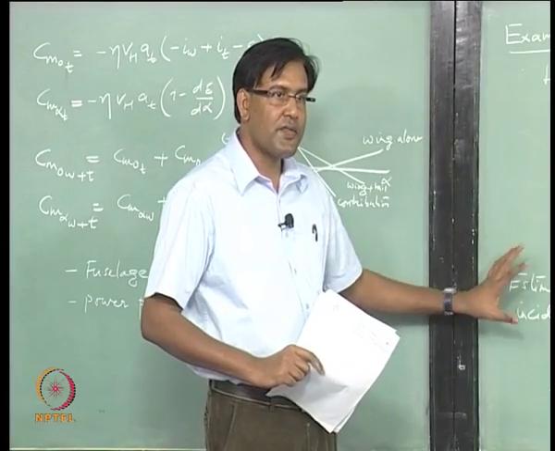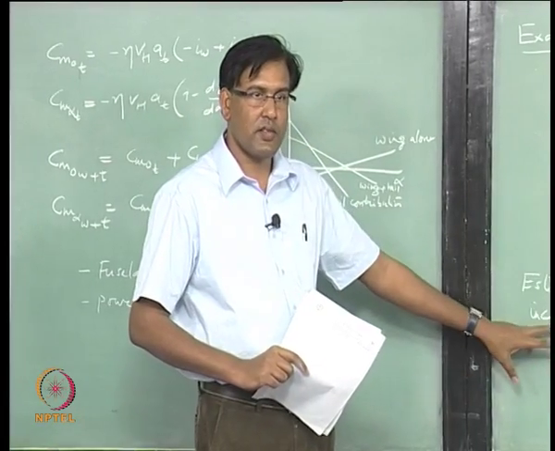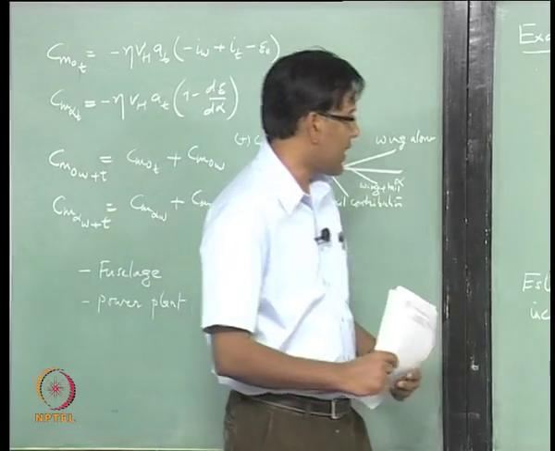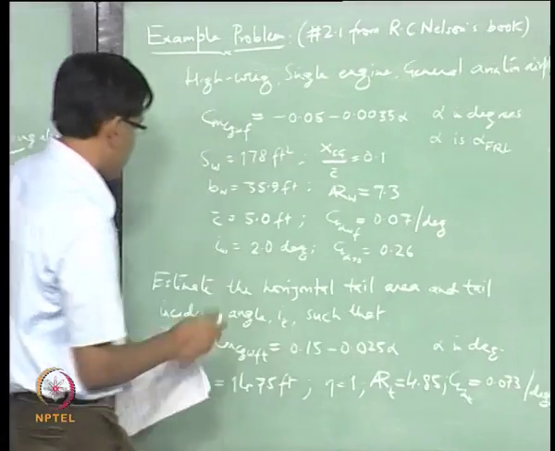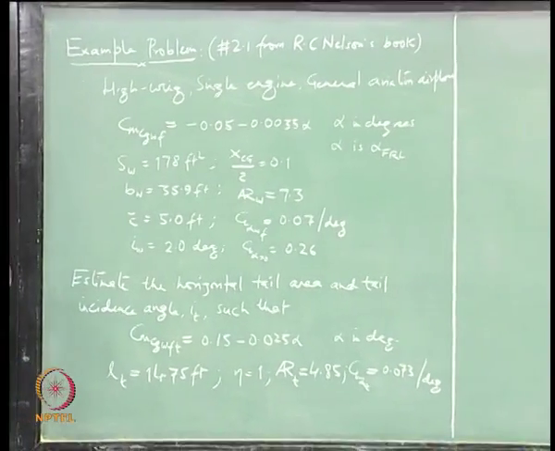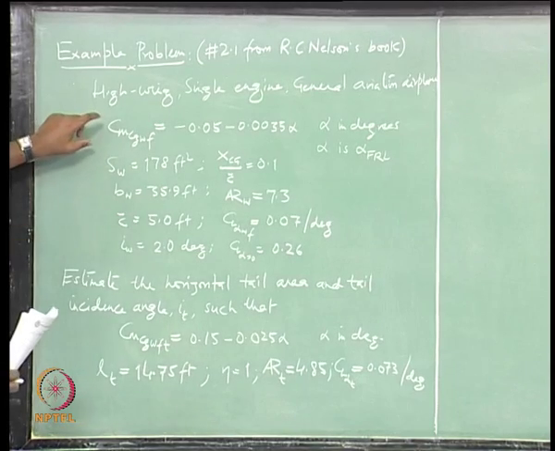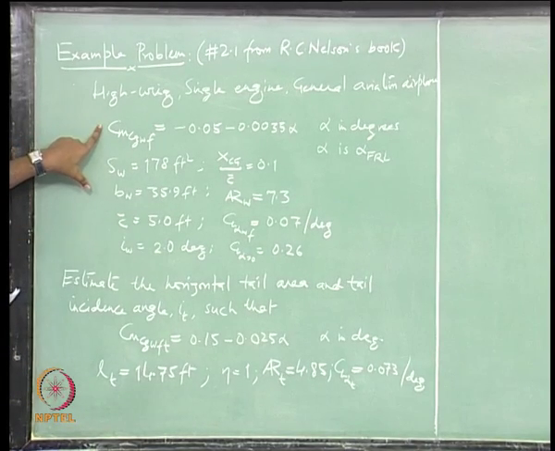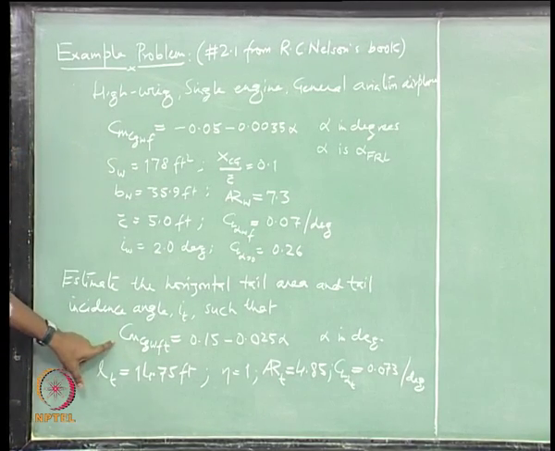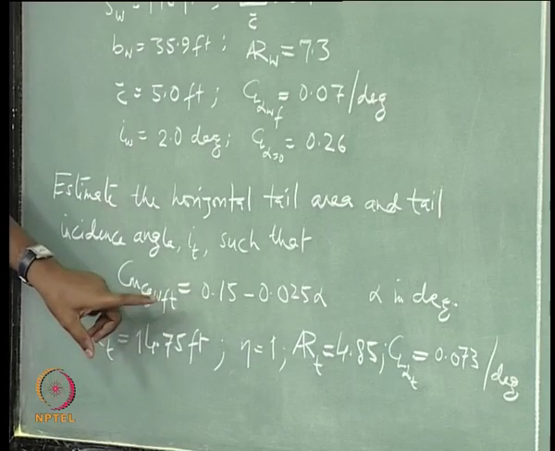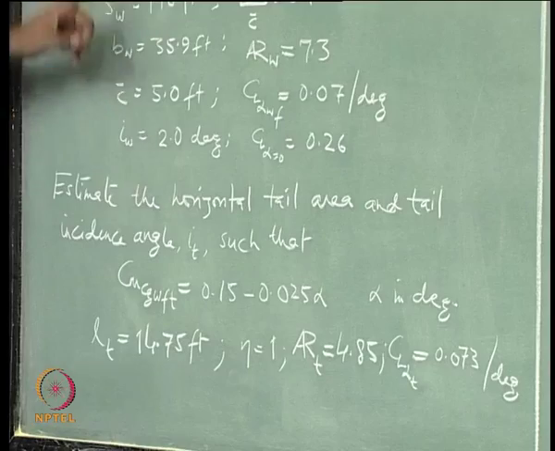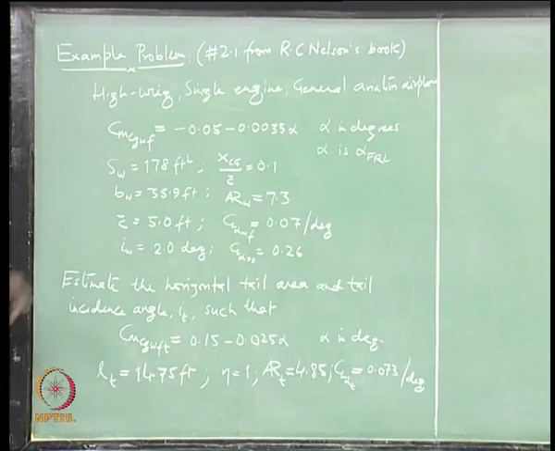All I need to do is find out what is the tail contribution, right, and that I can obtain by subtracting this from this, isn't it. This is for the wing fuselage tail combination, this is for the wing fuselage combination.